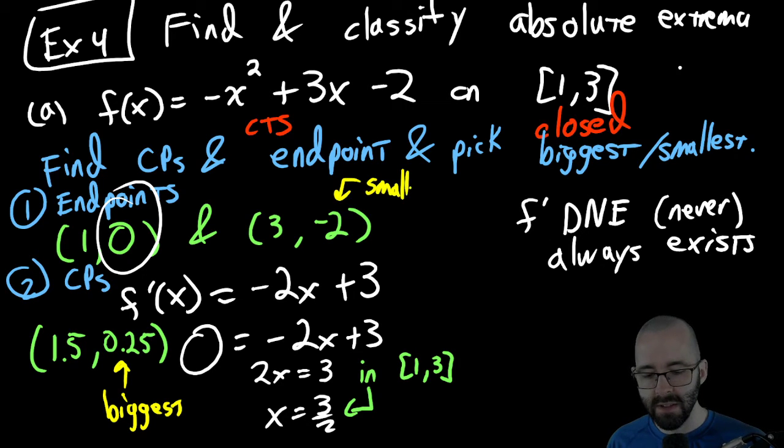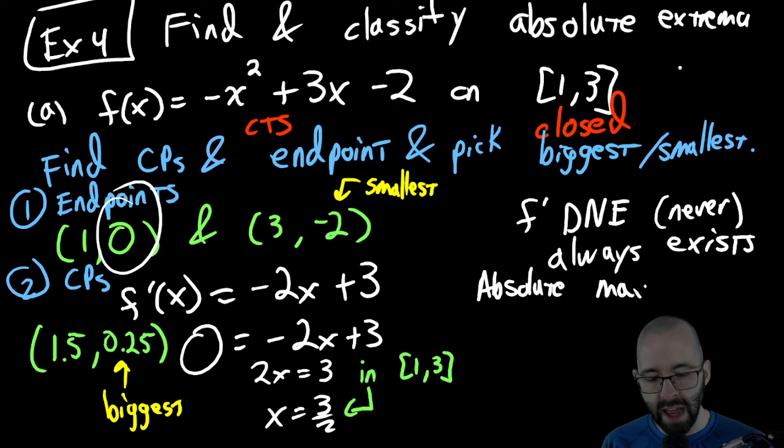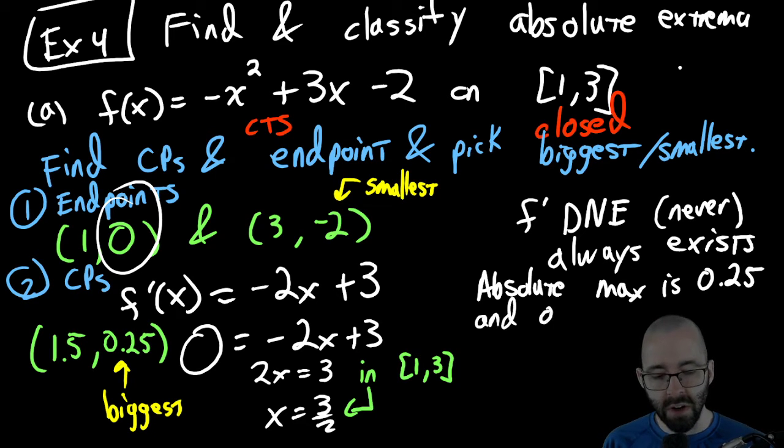So we're going to say, and the wording here is important, that the absolute maximum of this function is 0.25, and it occurs when x is 1.5.